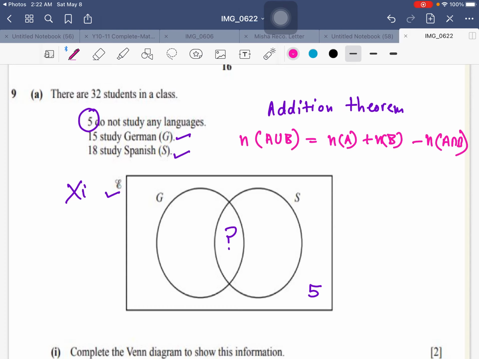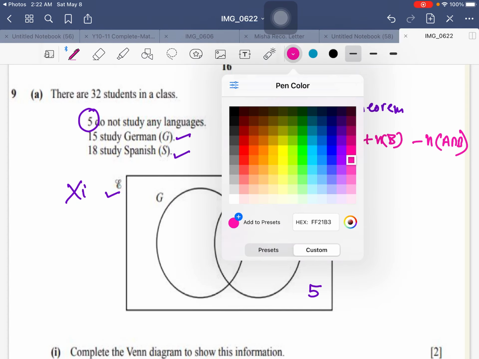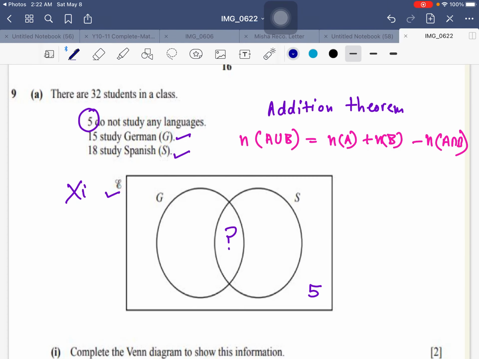So in this case, obviously G and S are replaced by A and B. Precisely, if I write here, it will be number of elements in the union of German and Spanish sets equals number of elements in the German set, this circle, plus number of elements in the Spanish set, this circle, minus number of elements in their common area, which is the intersection, this one.